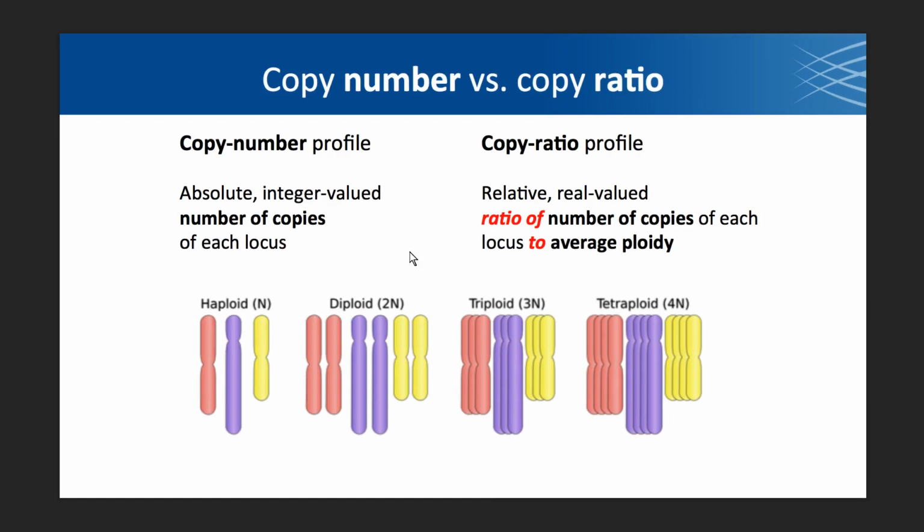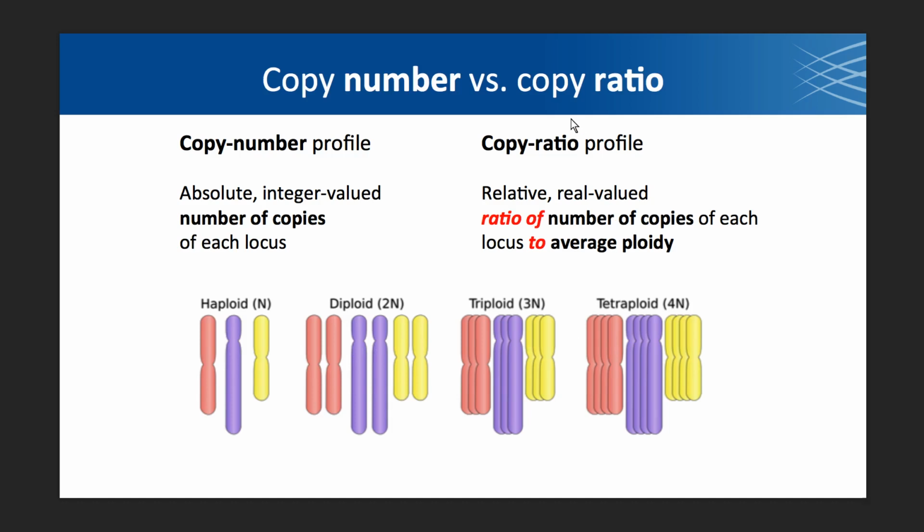So an important limitation of our method is that we are looking at copy ratios, not copy numbers. Let me explain. A copy number is an absolute integer valued number of copies for each locus. For these four different cells, the copy number would be 1, 2, 3, and 4.